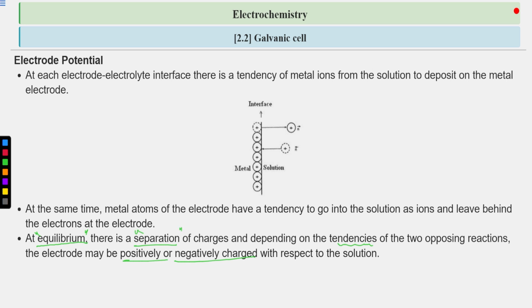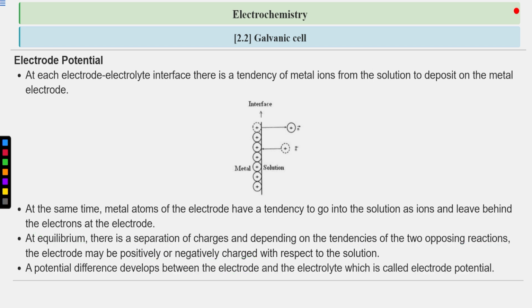Due to this, a potential difference develops between the electrode and the electrolyte, that is, the metal electrode and the metal ion solution. This potential difference between electrode and electrolyte is called the electrode potential.